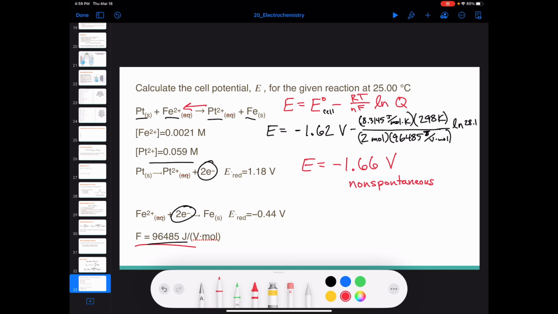All right, so a lot of stuff, right? There are a lot of formulas in there, but hopefully it's starting to make some sense. And hopefully you're seeing that all of these things, K and E and delta G, they all factor into the same thing, which is just determining spontaneity.